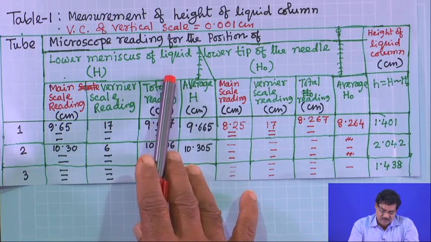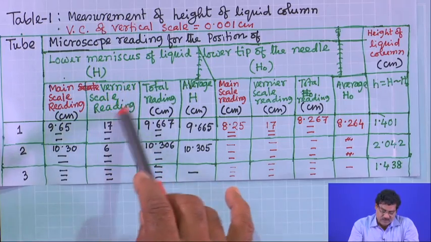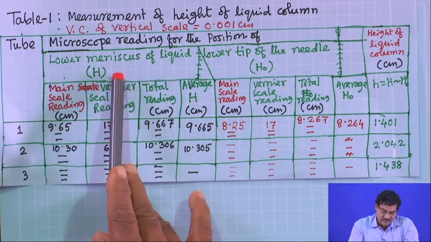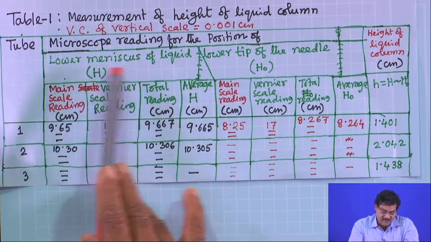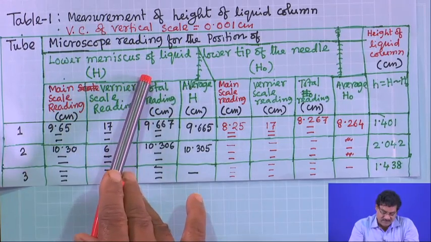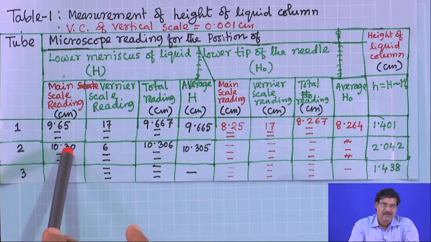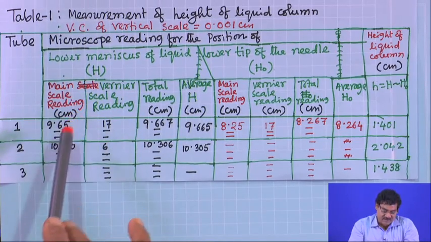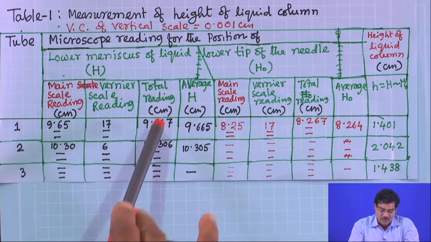Basically, we focused the microscope at the bottom of the meniscus, that is the lower meniscus, and then take the reading: main scale reading in centimeter, then vernier scale reading, then total reading.